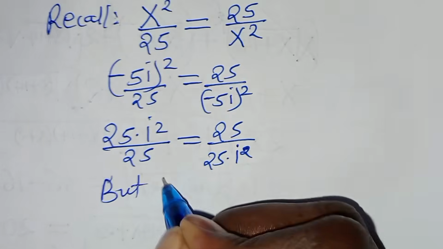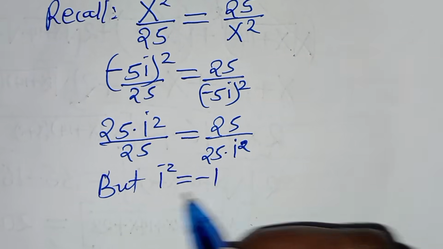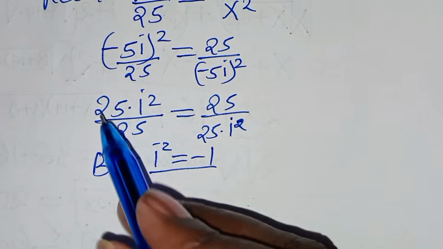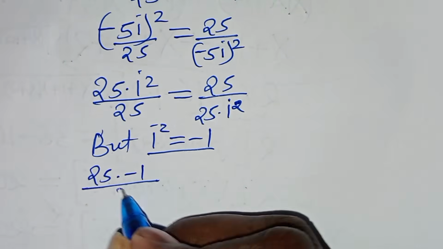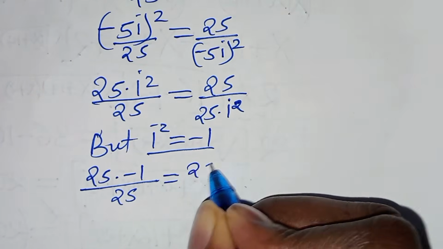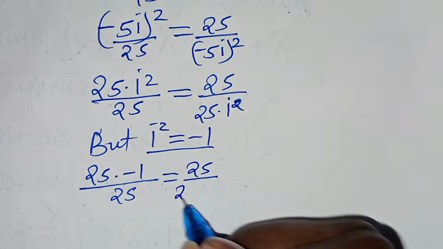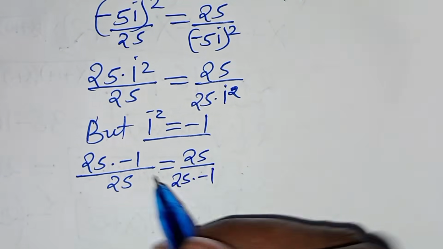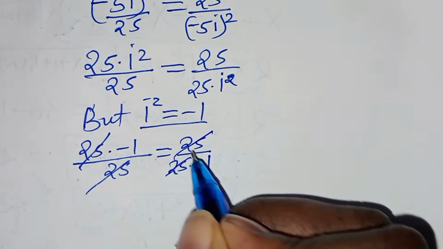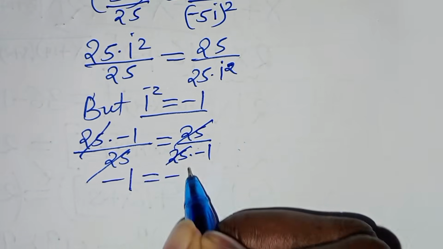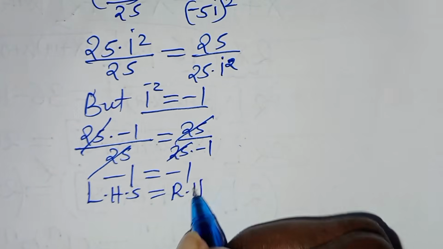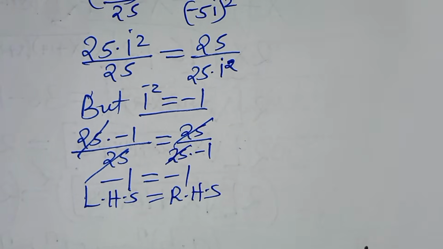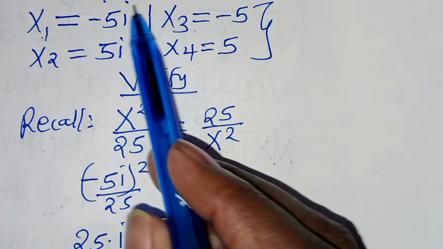But i squared is the same thing as minus 1. Substituting, we have 25 times minus 1 over 25, equal to 25 over 25 times minus 1. Simplifying, minus 1 is equal to minus 1. So the left hand side is equal to the right hand side, and this proves that x1, minus 5i, satisfies the equation.